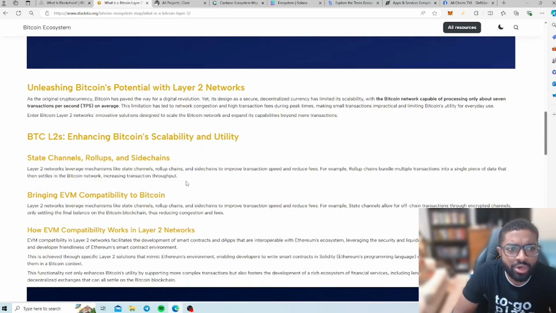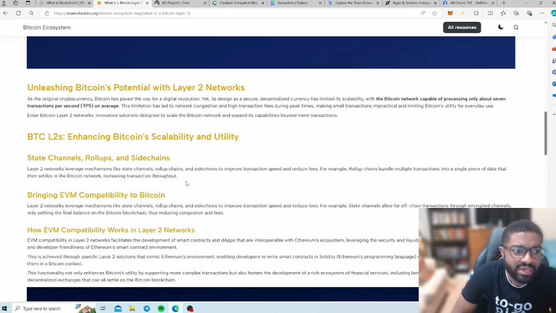As the original cryptocurrency, Bitcoin has paved the way for a digital revolution, yet its design as a secure decentralized currency has limited its scalability, with the Bitcoin network capable of processing only about 7 transactions per second. The limitation has led to network congestion and high transaction fees during peak times, making transactions impractical and limiting Bitcoin's utility for everyday use.